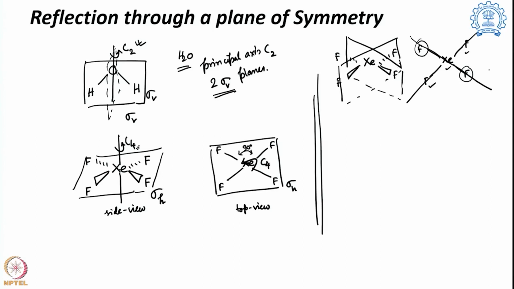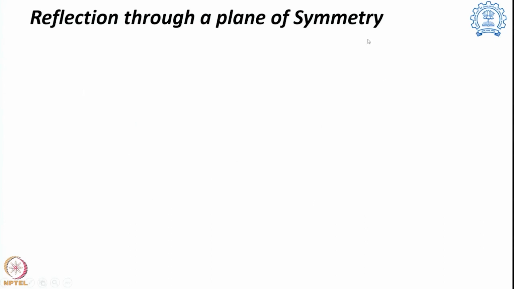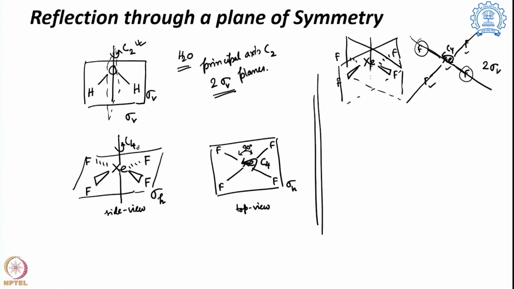These are the two different sigma planes. We will call them sigma V for now, because they contain the principal axis C4. Both of them contain the C4 axis of rotation, so that is why we are calling them sigma V.